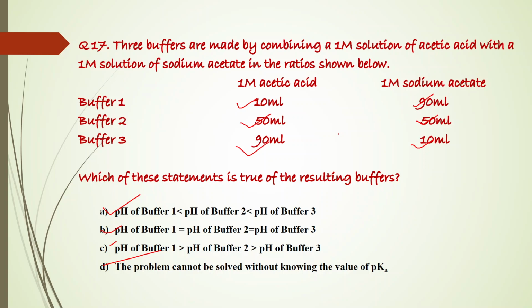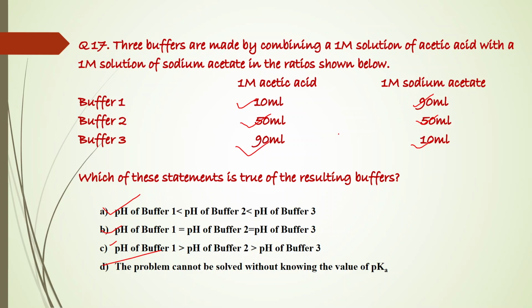So most of you are saying option A, and one of you has said option A or D. So one thing I can confirm: you do not actually require the pKa value, because in all of these cases the pKa value will be the same, as they are all mixtures of acetic acid and sodium acetate. The pKa value for acetic acid will be used in this case.